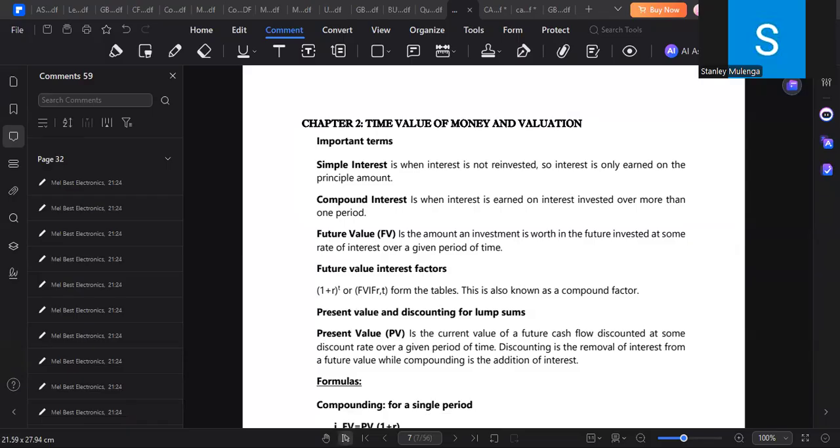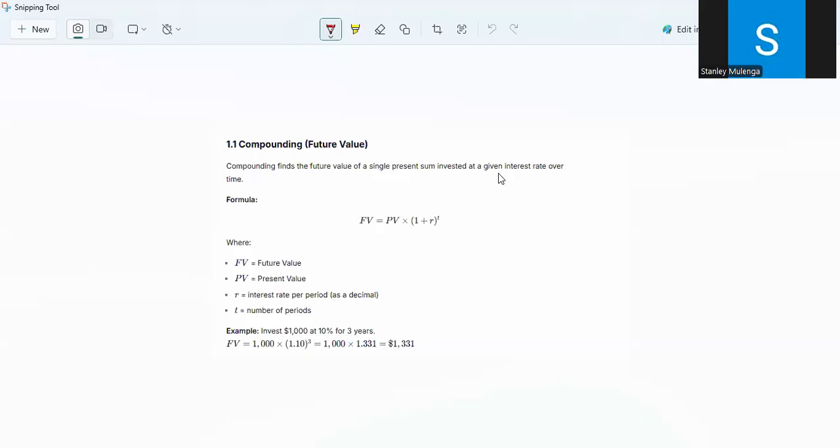Compounding can be of a stream of funds or a single present sum invested over a given period. So the future value is given by present value times 1 plus r to the power t, or future value is given by present value times 1 plus r over m to the power mt.